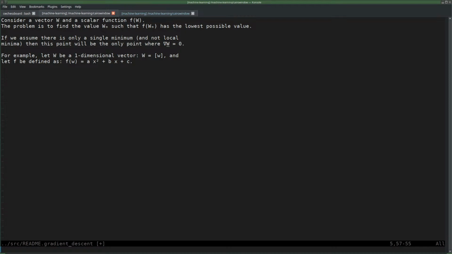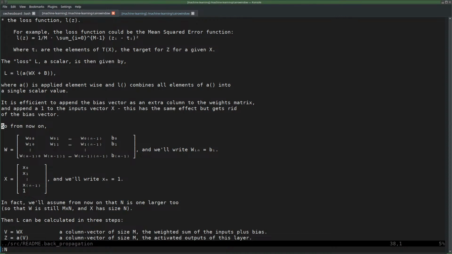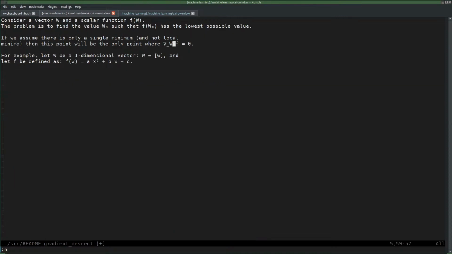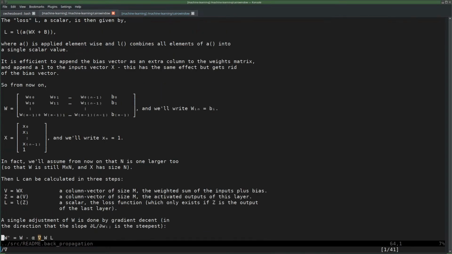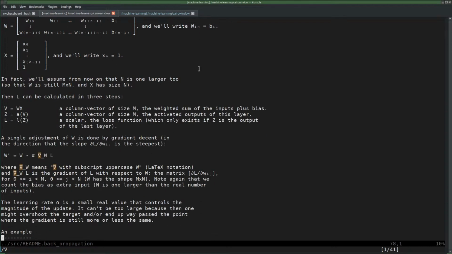Is it the derivative or the gradient of f with respect to w? I mean, I think that's how I did it here.